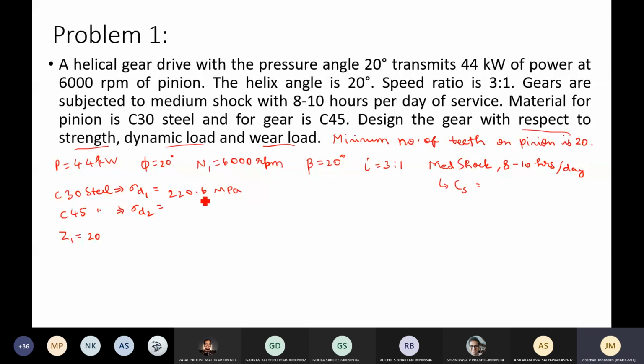So as you mentioned, this is with respect to table 12.7, page 234, and sigma D2 is C45 steel, that is 233.4 megapascals. Okay, you can check it out. These two values we took from the table.